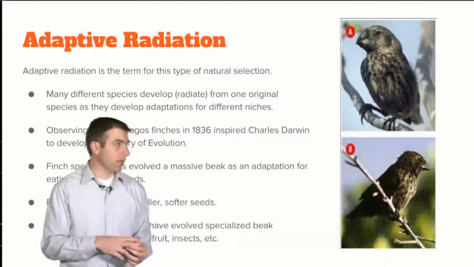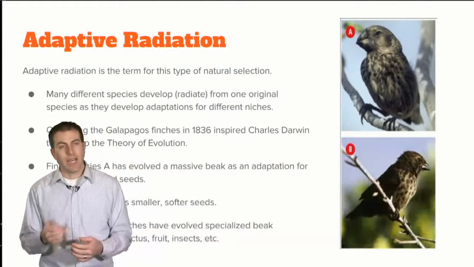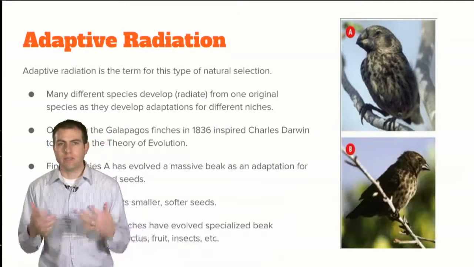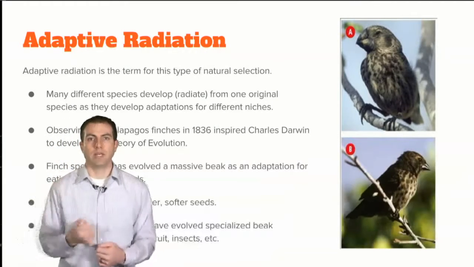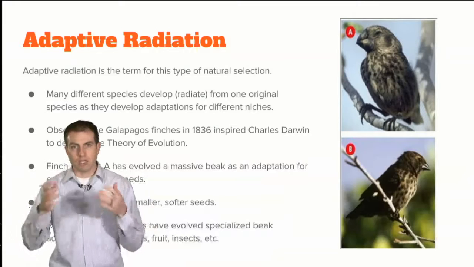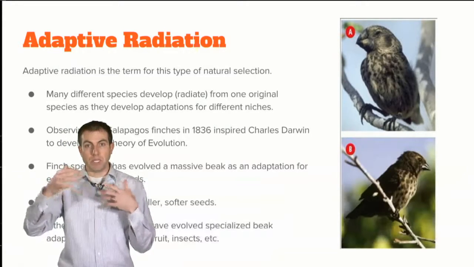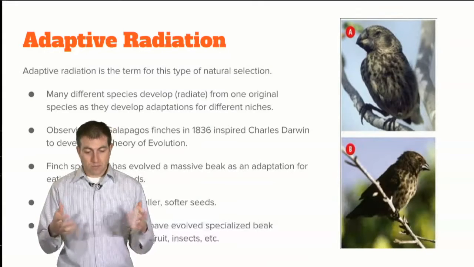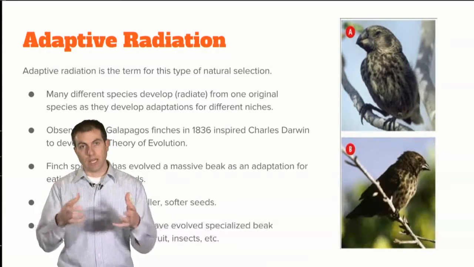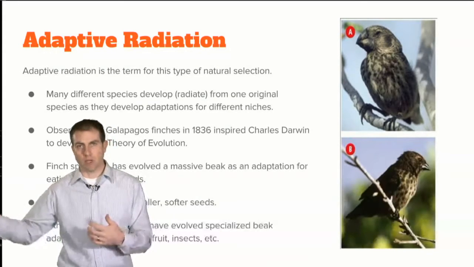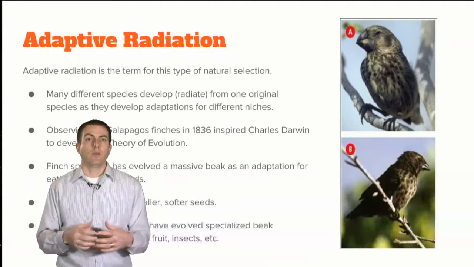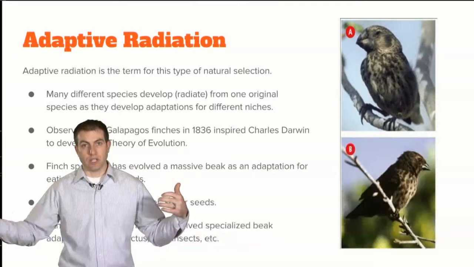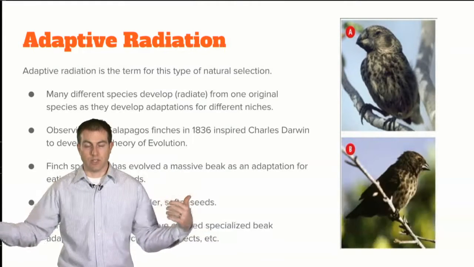Food sources became scarce, and again, it wasn't like one of the birds said, I need a bigger beak to eat seeds, and boom, he has a big beak to eat seeds. No, over many generations, the bigger beak allowed that bird to eat that food source, and that trait survived because it got passed on from generation to generation. We're not talking one generation, we're talking hundreds, if not thousands, of generations of these birds.